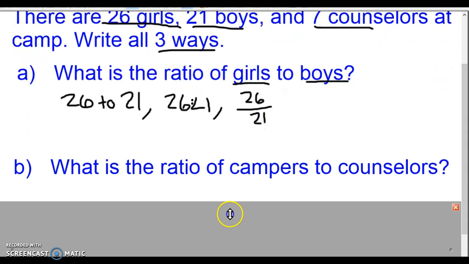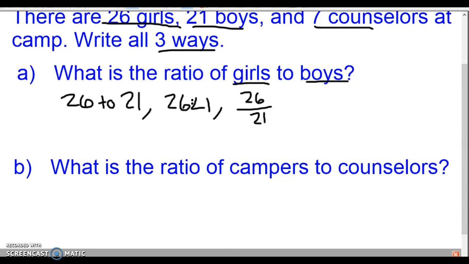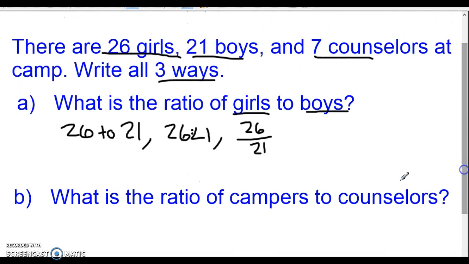And the next part says, what is the ratio of campers to counselors? So the campers would include both the girls and the boys. For this, it's a two-part problem. First, I have to add up how many girls I have with boys to get my total number of campers, and that would give me 47.